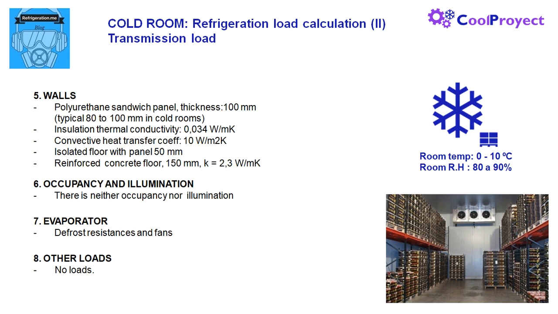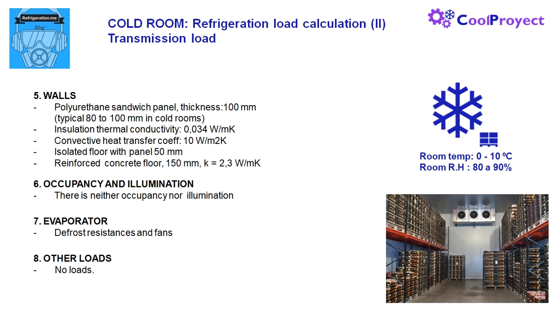Next, we have to fix the wall, roof and floor features. Normally we use polyurethane sandwich panel with thickness between 80 and 100 millimeters. You can optimize the thickness, we can do that in another tutorial, but you won't be wrong with these values.